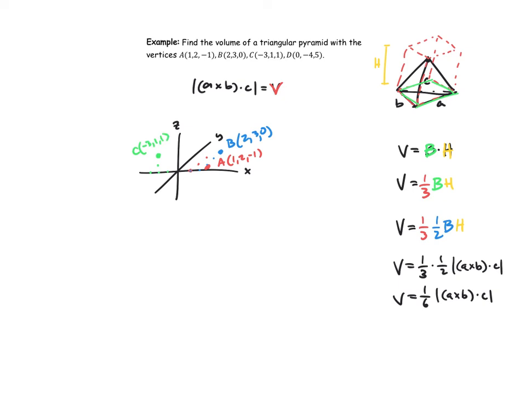Okay, now D. D is 0 in the X direction. Let's go -4 in the Y direction, and up 5. There's D: 0, -4, and 5. Okay, so let's take a look at this triangular pyramid.